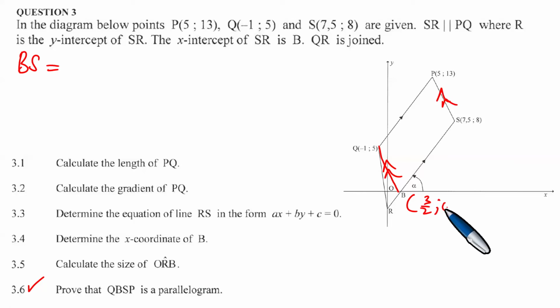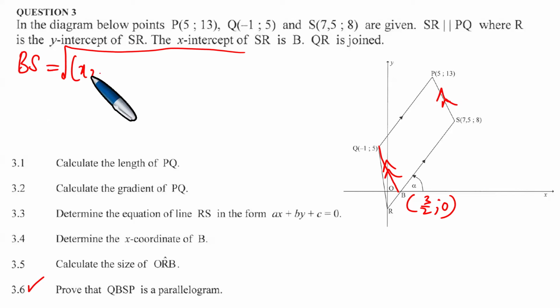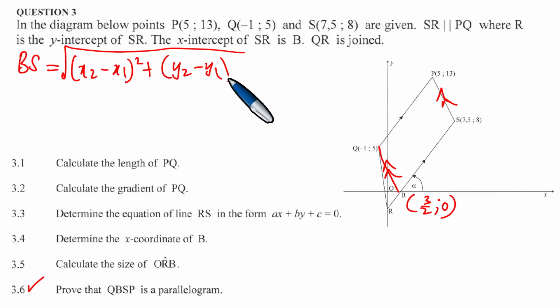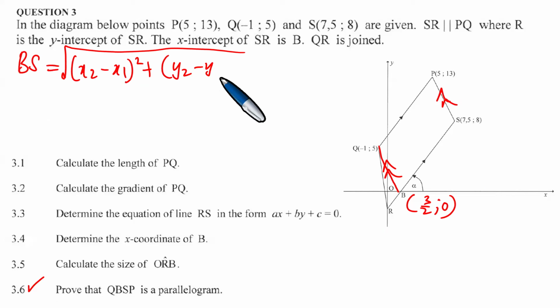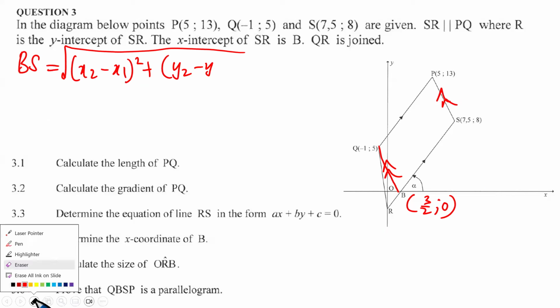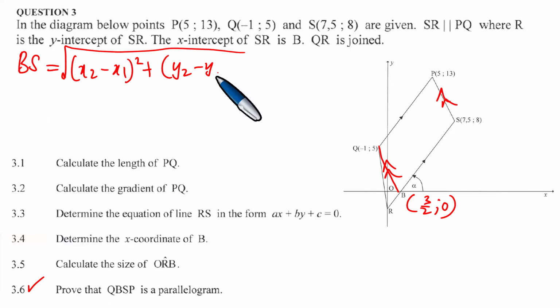So that now BS itself is as follows: the square root of x2 minus x1 squared plus y2 minus y1 squared. Right, so we get the following.